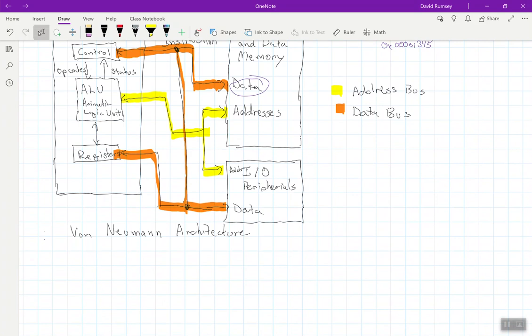Now, there is another type of architecture which I'll let you look up, because I'm going to have a question that you will have to answer. There is a Harvard architecture.